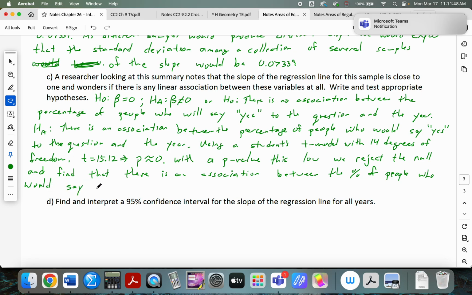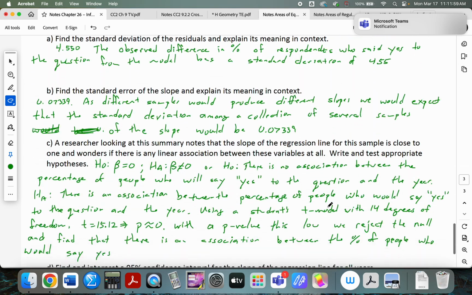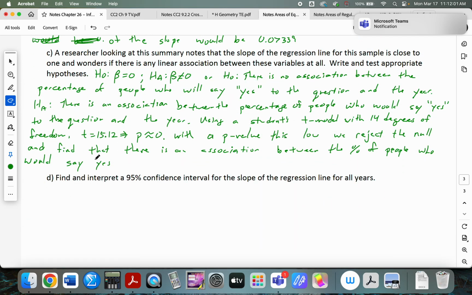How'd you know it's a t-model, not a z-model? So for proportions, it's always a z model.